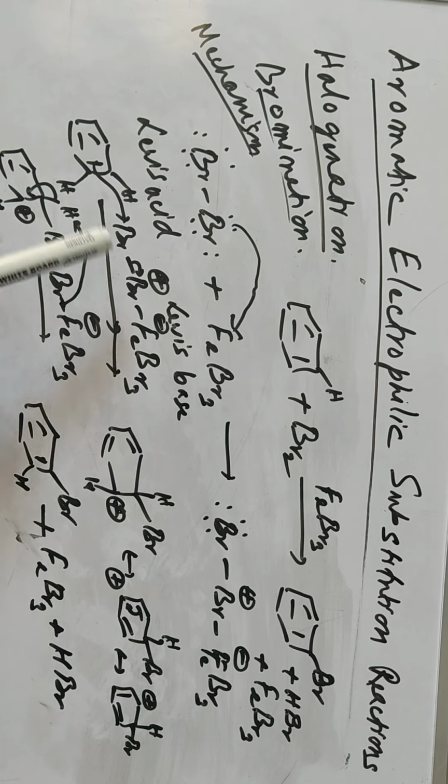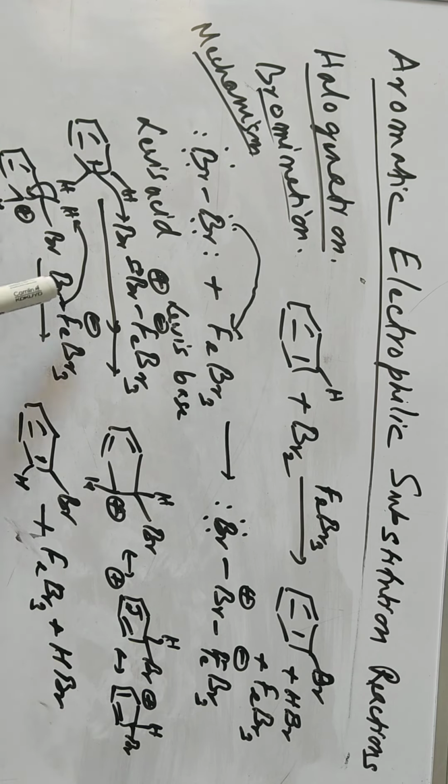Then you get this positive charge, and this is delocalized like earlier cases. Then finally this hydrogen is picked up by a base to get the final product, bromobenzene. Okay, this is about the mechanism of the aromatic substitution reaction.